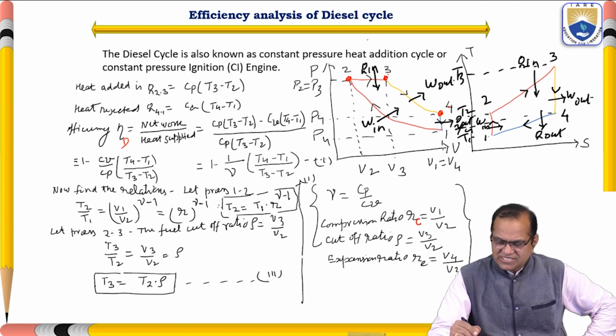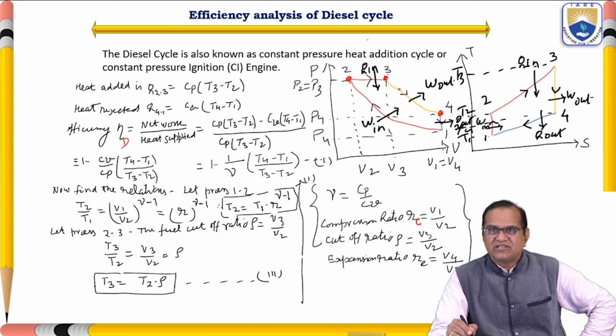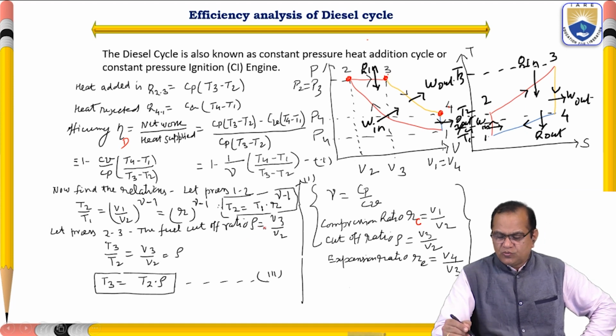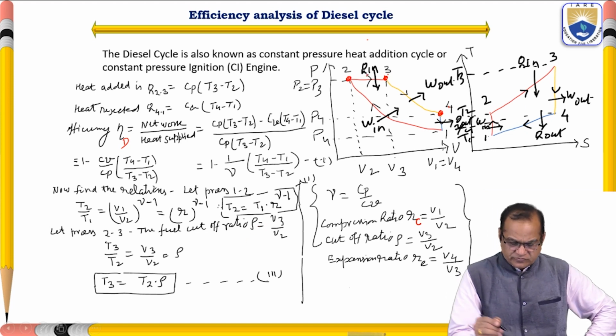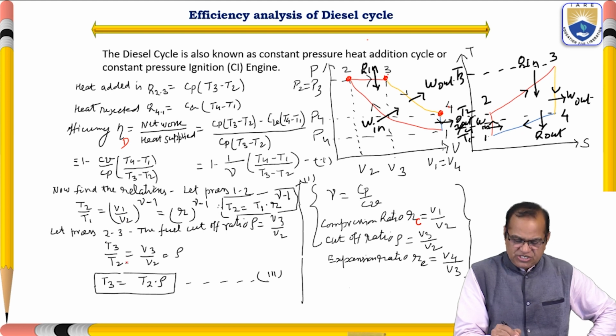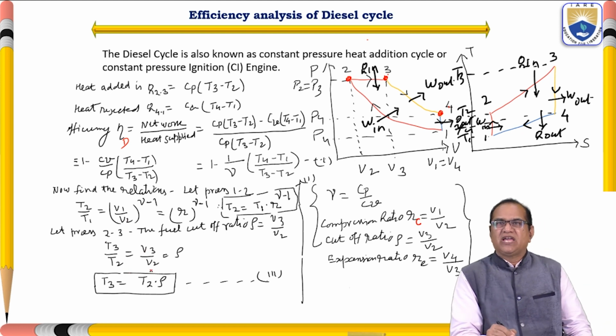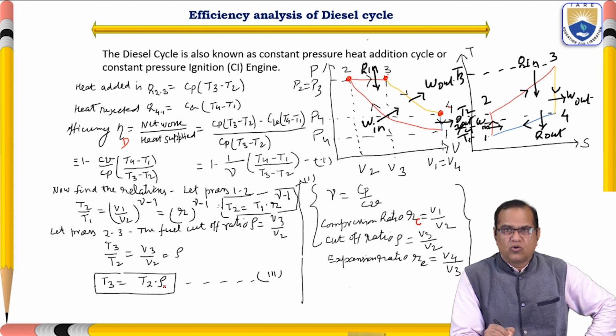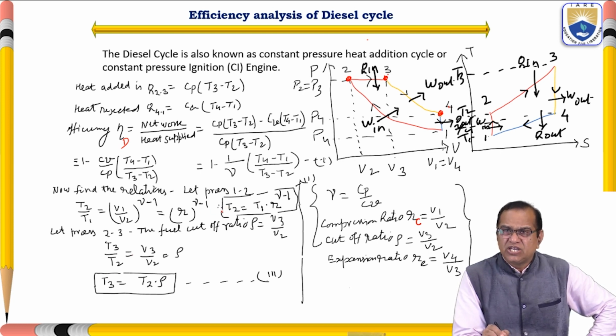Now take the constant pressure process 2-3. We know that rho is equal to V3 by V2. So T3 by T2 is equal to V3 by V2, which is equal to rho. So T3 is equal to T2 into rho. Now we put the value of T2 in this, so T3 will be T1 r to the power gamma minus 1 into rho.